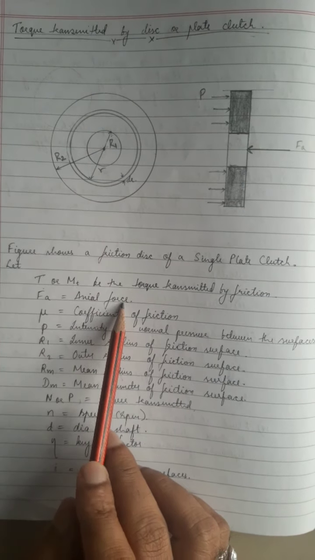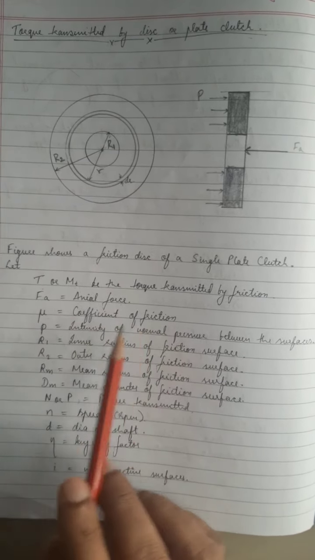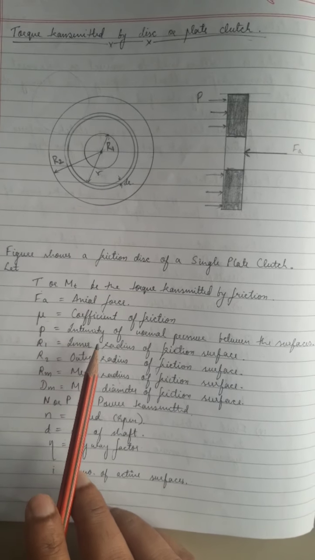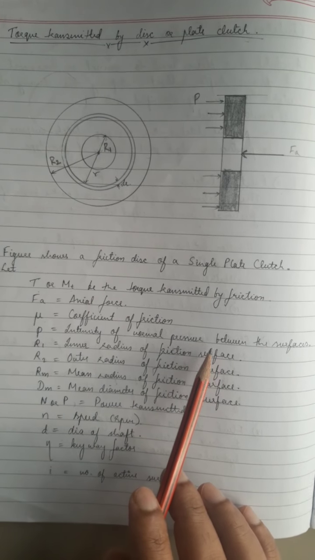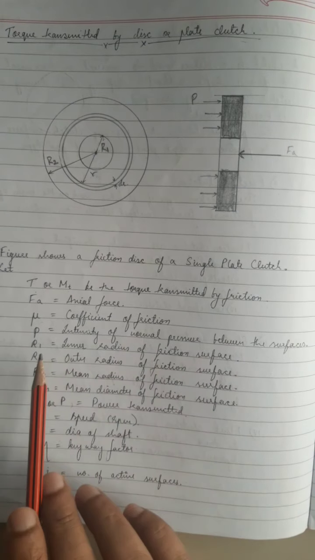Fa is the axial force, mu is the coefficient of friction, p is the intensity of normal pressure between the surfaces.